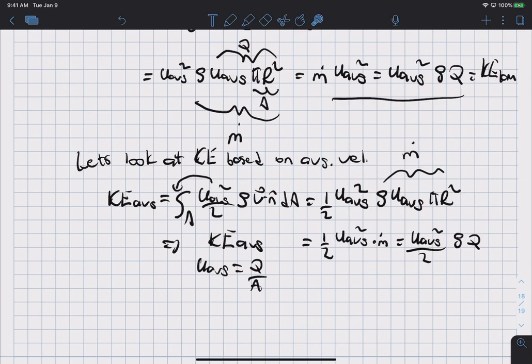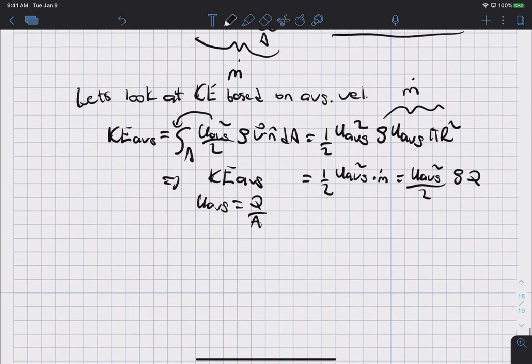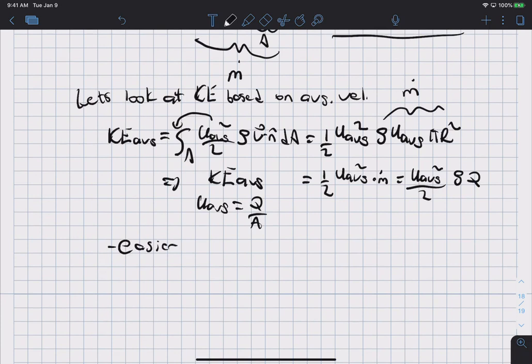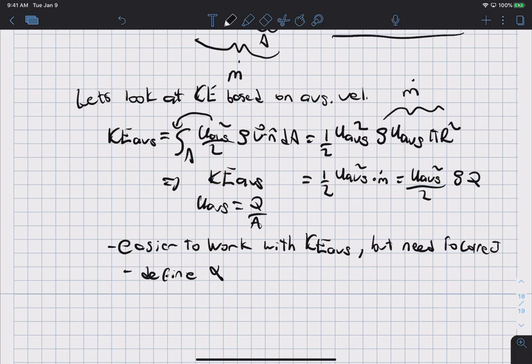And so this formula here is a lot easier to use than actually sticking in the integrals and things like that. So how do we use the simplicity of this formula here but retain the accuracy of doing the actual integral? Well, it is easier to work with Ke averaged, but we need to correct it, and so we'll define an alpha, and that's just a bogey factor.